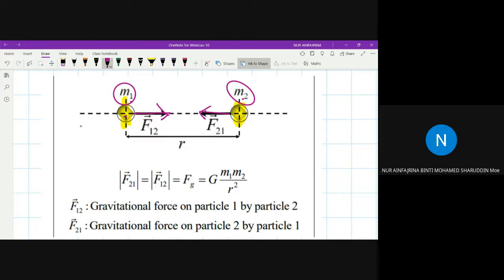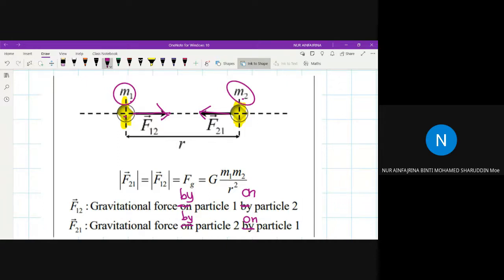Okay, so it is the same thing. So kalau awak perasan, gravitational force 2 on 1 is equal to 1 on 2. So kita pakai formula yang sama. Cuma dekat sini dia ada pembetulan sikit. Sepatutnya gravitational force by particle 1 on particle 2, sama juga yang ini, gravitational force by particle 2 on particle 1.